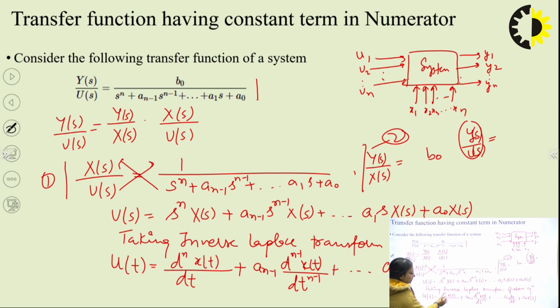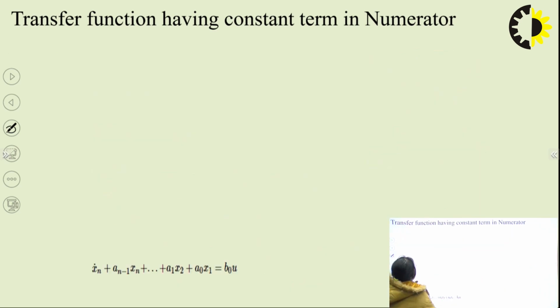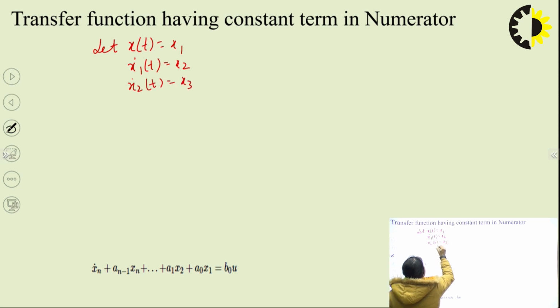Now let x(t) be equal to x1. Then x1 dot of t will be equal to x2, and x2 dot will be equal to x3, and so on till x_{n-1} dot equals xn.